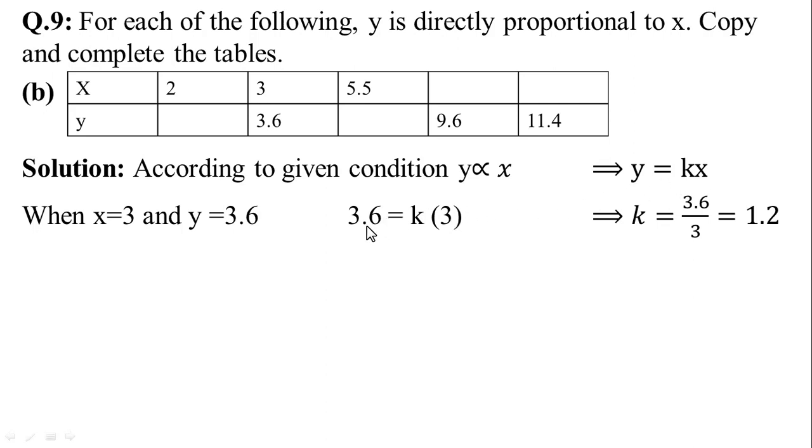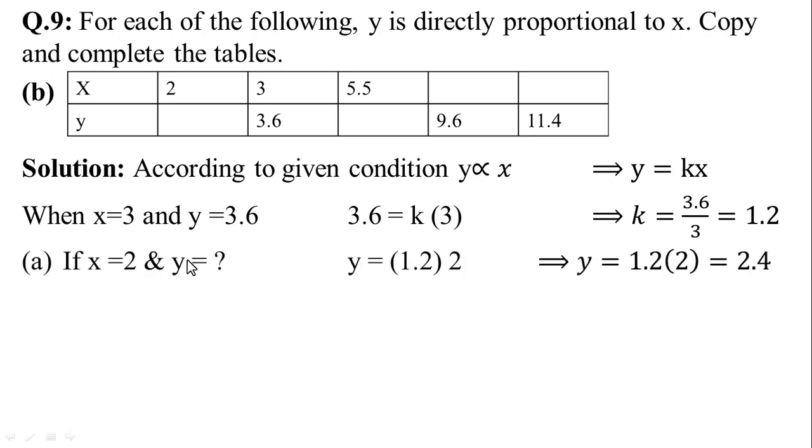Y is equal to 3.6 is equal to k into 3. 3 is divided on the other side, then k is equal to 3.6 upon 3. Simplify this relation. 3 ones are 3 and 3 ones are 3, 3 twos are 6. The value of k is equal to 1.2. Now we will find the unknown values.